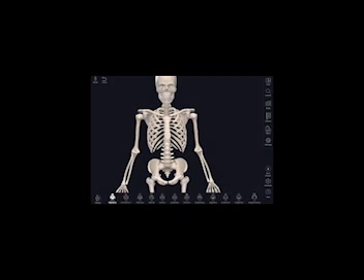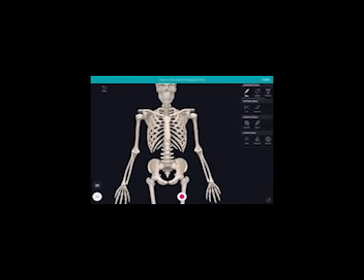So for that reason, we need the clavicle to connect this shoulder joint to the axial skeleton, which is the sternum. This joint right here is called the sternoclavicular joint, also known as the SC joint. This is the only direct articulation of the upper extremity that directly connects to the axial skeleton. Make sense?